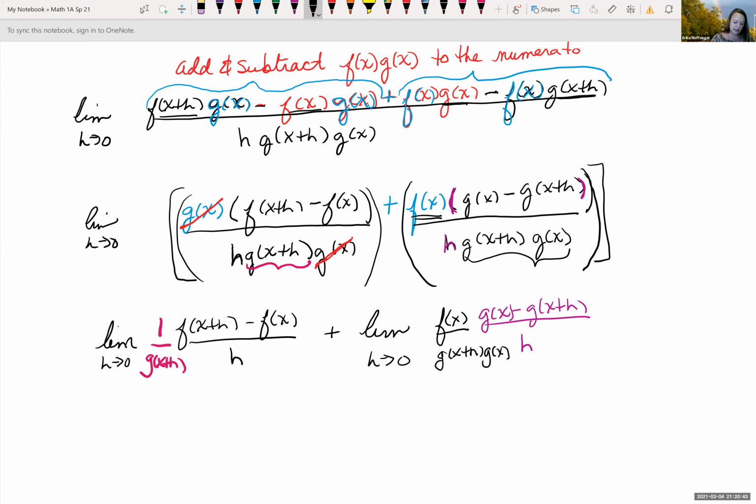Okay, so looking at this, we could break down the limit of the first fraction times the limit of the second fraction by rules of limits. If I look at the limit as h goes to 0 of this 1 over g of x plus h, that would just leave me with 1 over g of x plus 0.